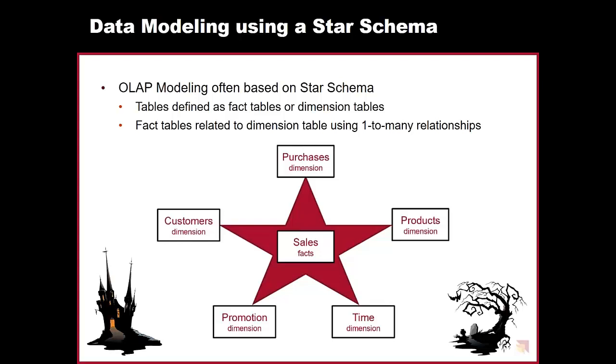And the idea is that when someone creates a transactional database, they have to worry about inserts and updates running very quickly. And they have to make sure that no data is duplicated. Any piece of data only lives in one particular place. Okay, but what we'll see is that if you just take a transactional database and import the tables as is, it's not going to be very good for reporting. So quite often we do what's called denormalizing the data. It's okay if things are duplicated because it's read-only data. We don't have to worry about inserts and updates because it's read-only data.